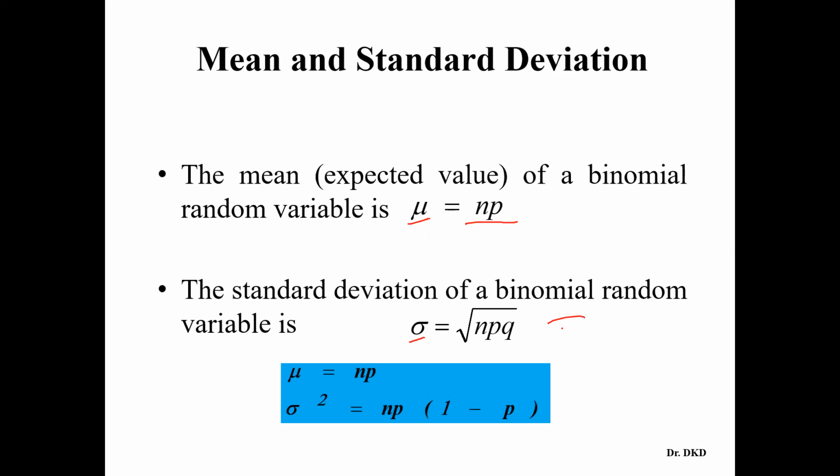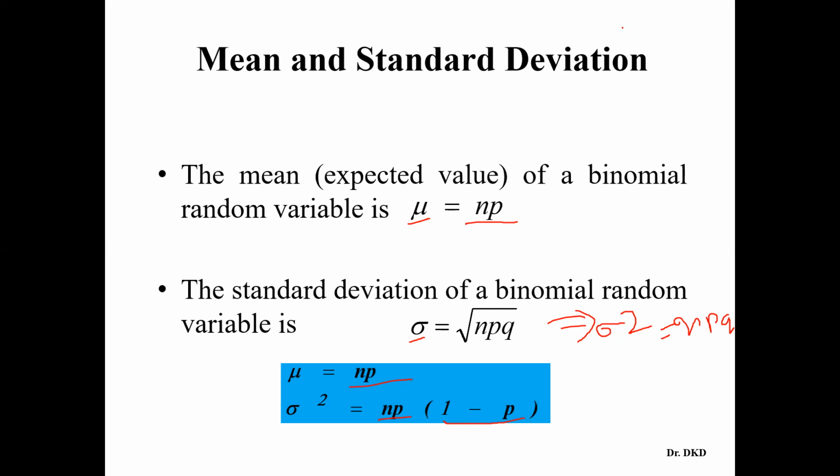If we are interested in the variance of the binomial distribution, it is sigma square, equal to npq. Here we can also say mean is np and sigma square is np(1 minus p), where 1 minus p equals q. So npq is the variance of the binomial distribution.